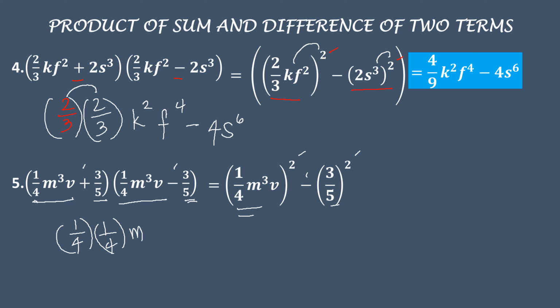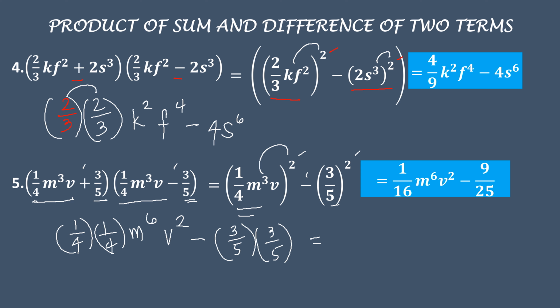And then m has a power of 3 times 2, which gives us m to the 6, and then v to the power of 2. Then 3/5 to the power of 2 means 3/5 times 3/5, and of course it is always a minus. So what is 1/4 times 1/4? That is 1 over 16 m to the 6 v to the power of 2 minus 9 over 25. So we have our final answer.